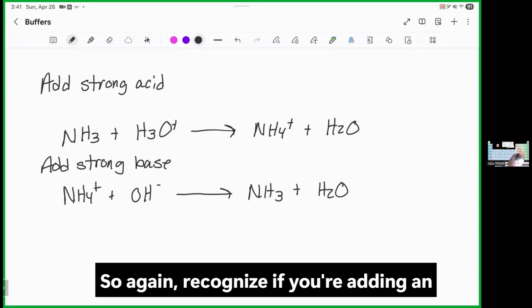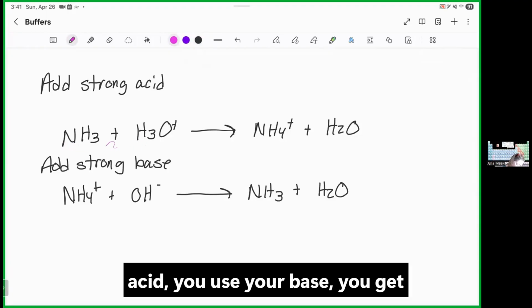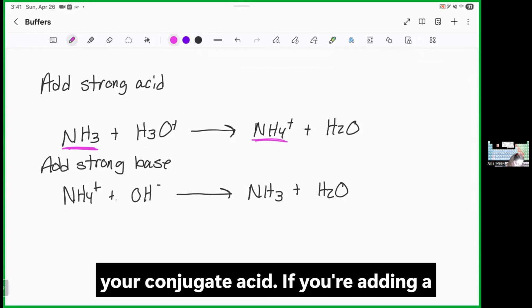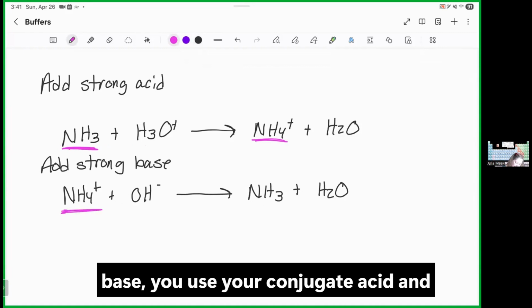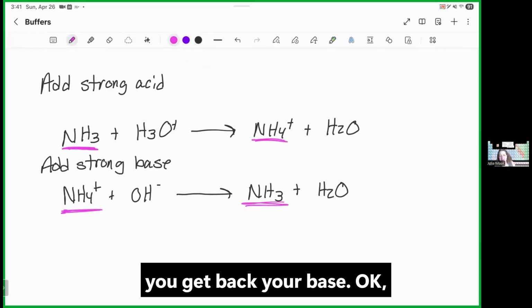So again, recognize if you're adding an acid, you use your base, you get your conjugate acid. If you're adding a base, you use your conjugate acid and you get back your base.